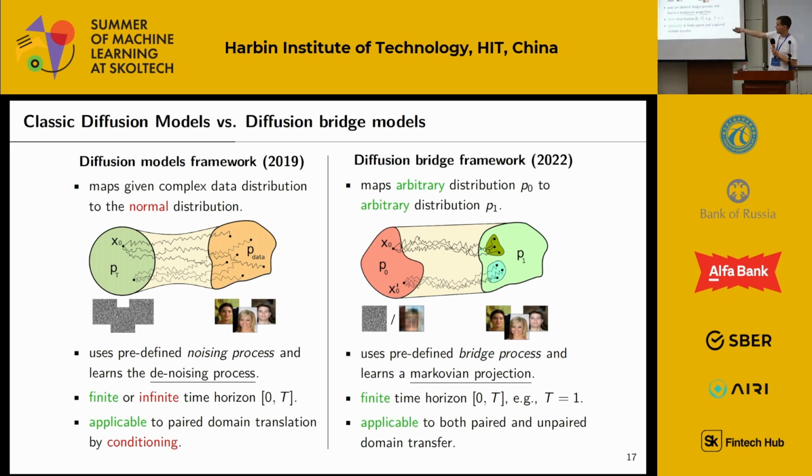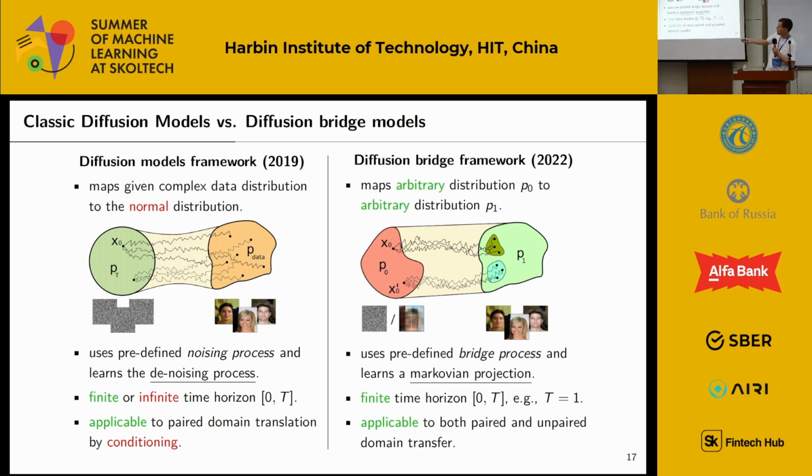Secondly, while diffusion models always by construction learn to denoise, bridge models learn a different type of diffusion. It's a different concept called Markovian projection of stochastic processes, and it is much more general than denoising diffusions. Thirdly, depending on the particular type of diffusion model, you may have either a finite or infinite time horizon.